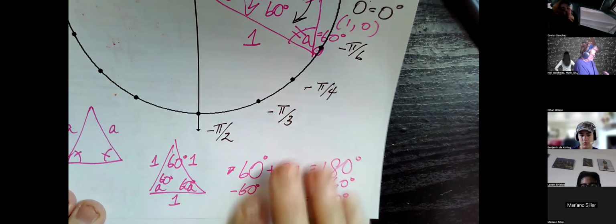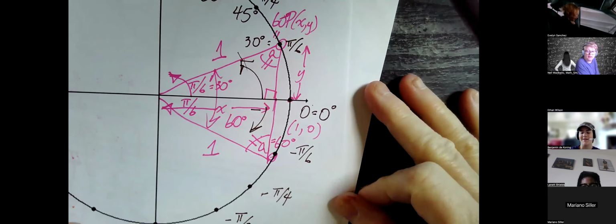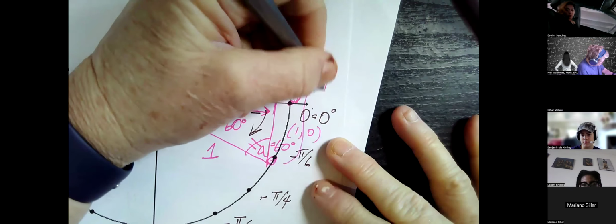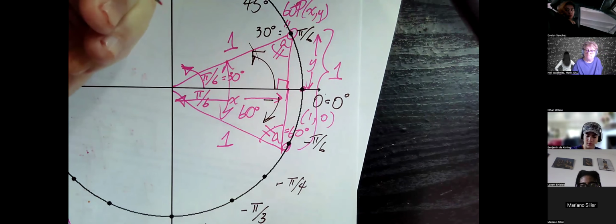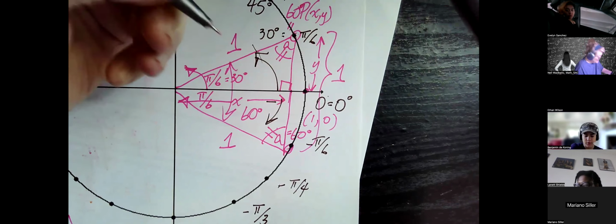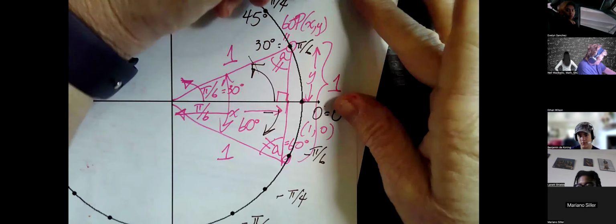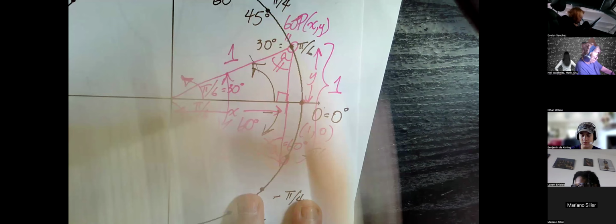Good. So now we know that this distance has to be 1. And what is half of 1? 1/2. Yes. So we know what Y is, because we're going in the Y direction.